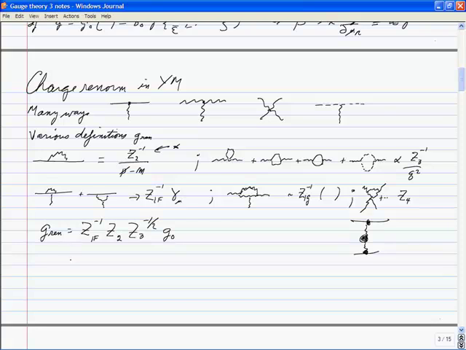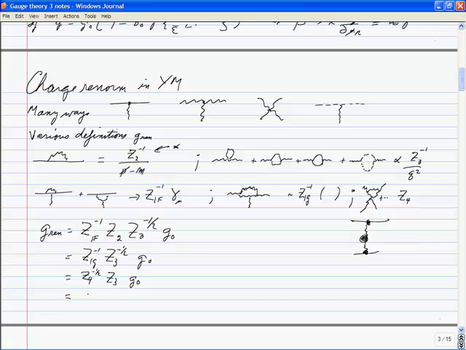If you do the same thing for gluons, you get Z1 gluon to the minus 1, Z3 to the minus 1/2 G0. If you use the quartic coupling, it's Z4 to the minus 1/2 times Z3 G0.